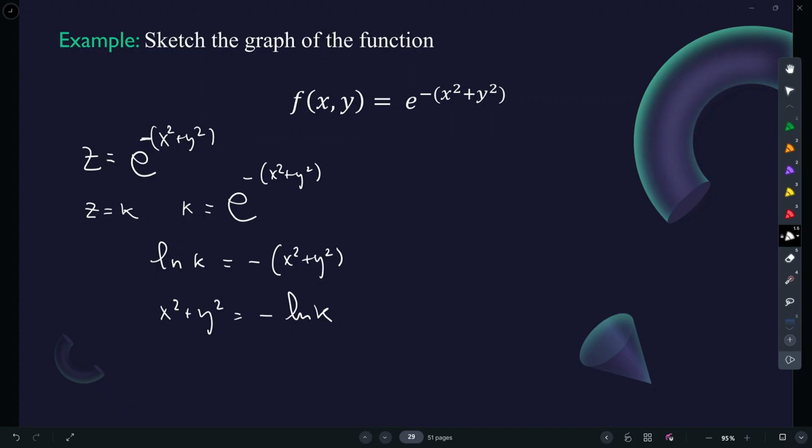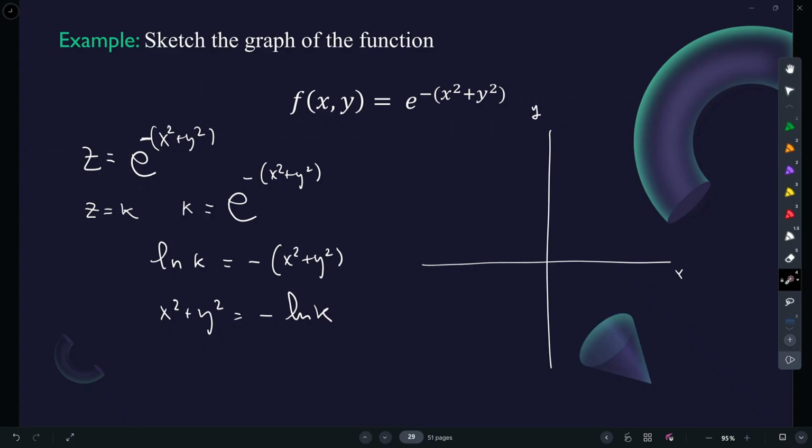What curves am I getting as level curves? They are circles, but you have to be careful because, as we said before, the logarithm is not defined for every value of k. For example, when k is negative, what happens? I can't evaluate the logarithm. Yeah, you were going to say? It's a half circle. No, they are circles. What I'm saying is that you have to be careful that this is not, for example, a negative number, or that the logarithm itself, maybe I can't even evaluate at some numbers.